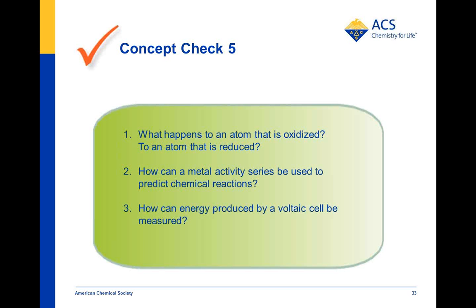The metal activity series, again in Unit 1, I think it was on page 75 at the very beginning of the year. And then the forward-looking question really does give you some indication of how students are thinking about the energy in a voltaic cell, and how we might be measuring that energy.